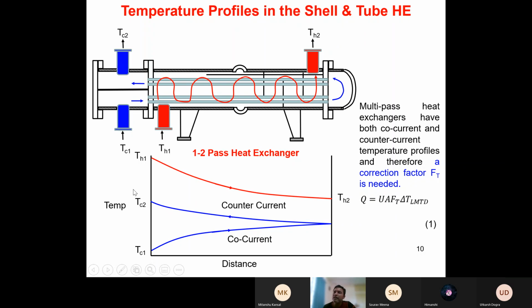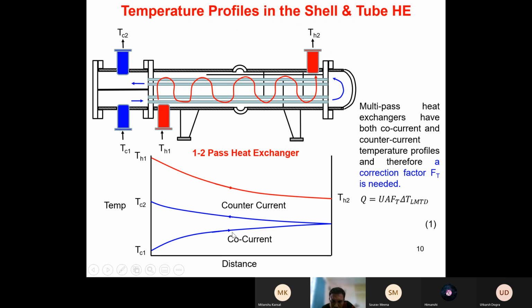Now in a similar manner, I have plotted the cold fluid also. So how the temperature of the cold fluid varies along the length of the tube. We are starting from this end 1, isn't it? Initially the temperature increases because this cold fluid is also flowing along the direction of the hot fluid.